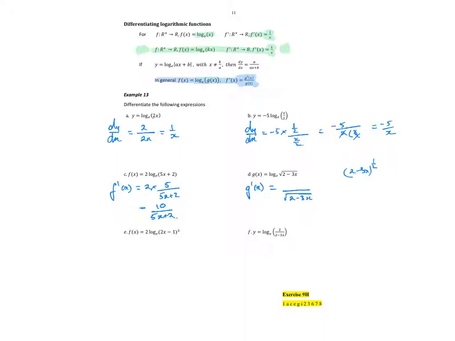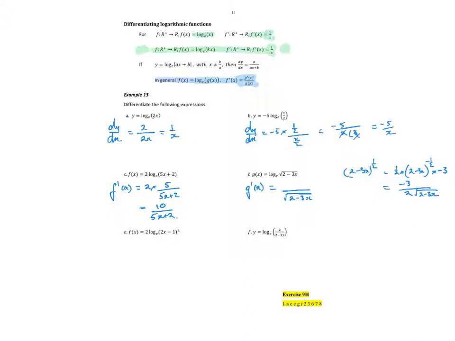From my chain rule, I know that that's equal to a half times 2 minus 3x, take 1 from the power, times the derivative of inside, which is -3. So that's equal to -3 on 2, and let's bring that square root down here to 2 minus 3x.